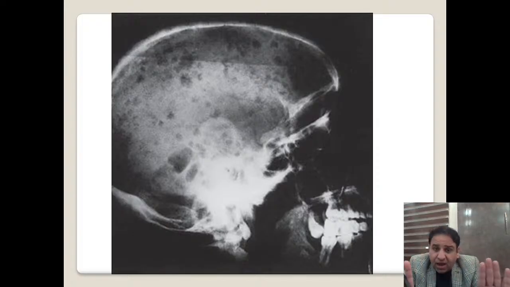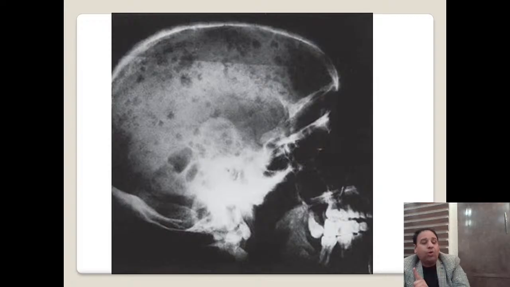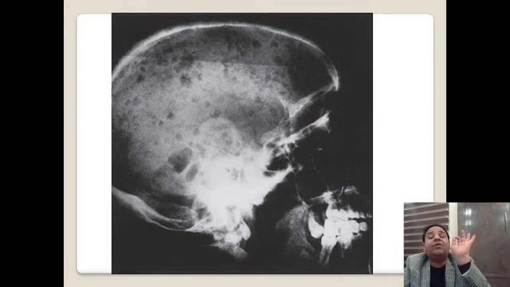However, they mimic the punched out radiolucencies of multiple myeloma. Students, remember, even if they give you a picture like this and ask what this is, please just read down the options. Probably they are not asking hyperparathyroidism, probably they are asking multiple myeloma, because punched out radiolucencies in multiple myeloma are common and one of the favorite questions of examiners.